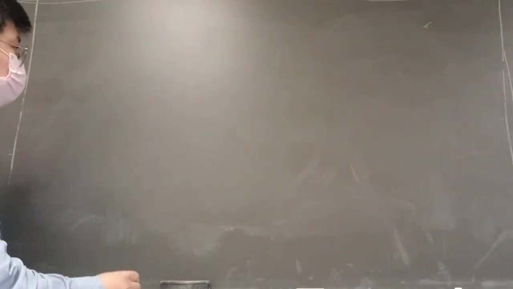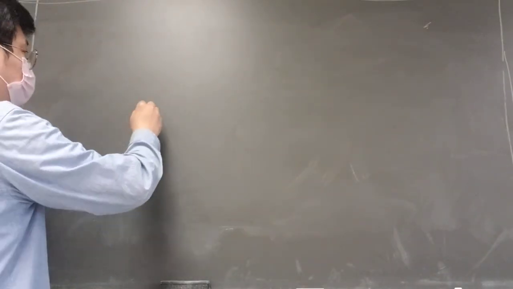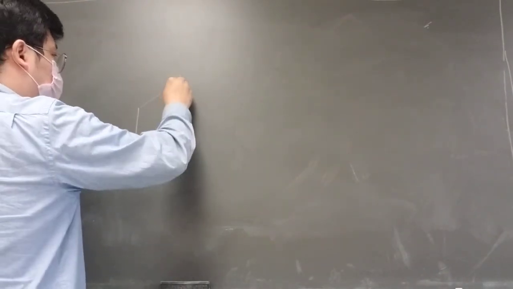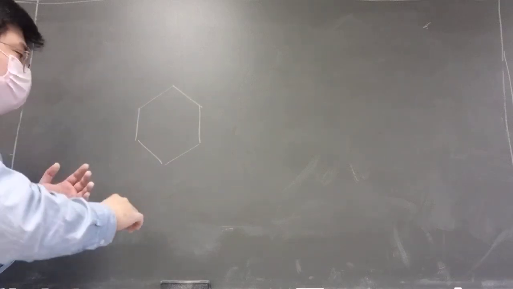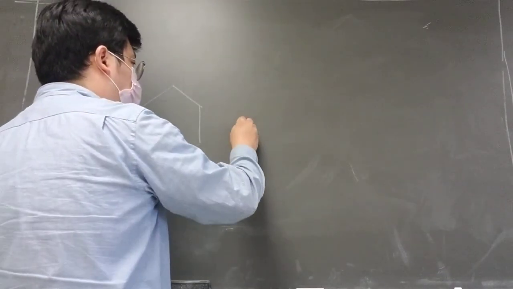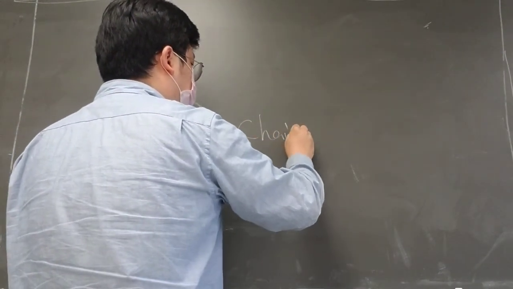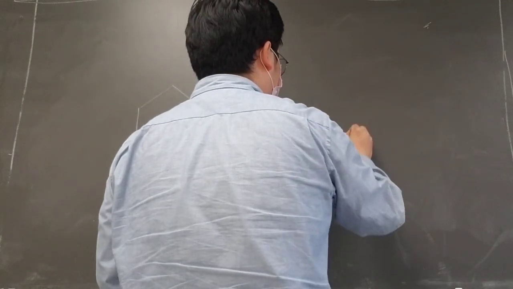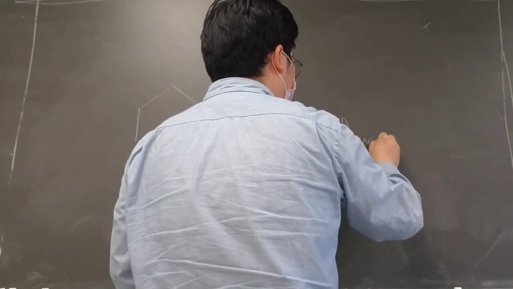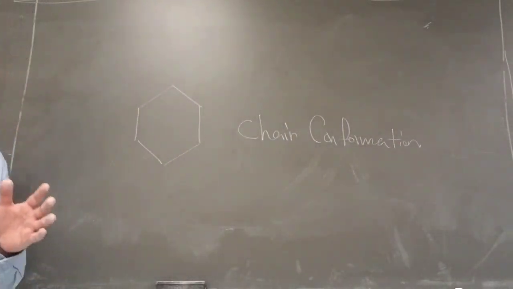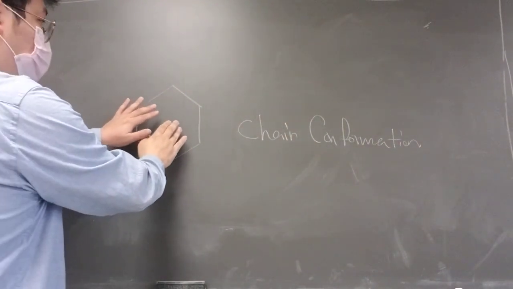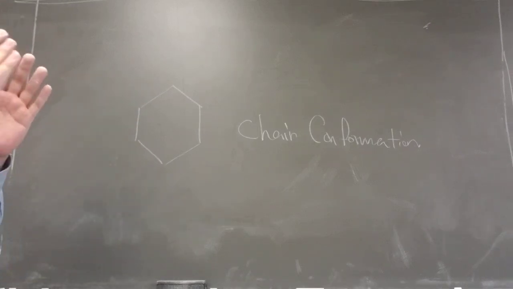All right, so what you can do is look at this. They're actually not going to be on the same plane, but they will make a kind of chair conformation. Chair conformation. So we're going to call this the chair conformation because of this. This is what it looks like when you view it from top to bottom.